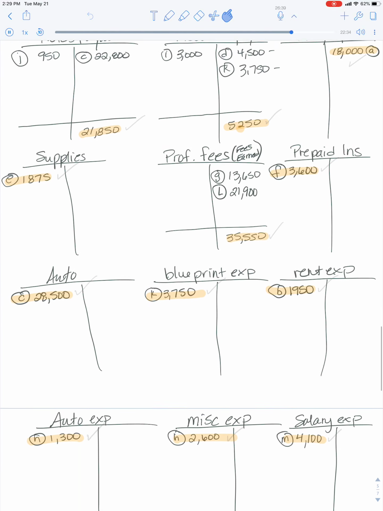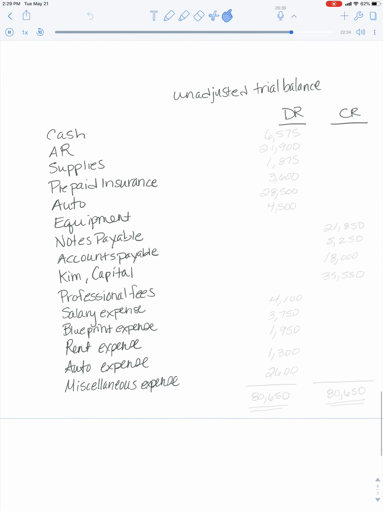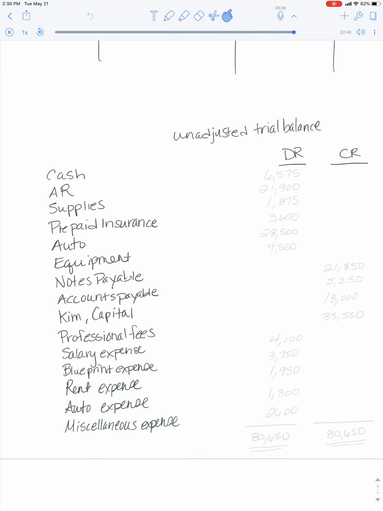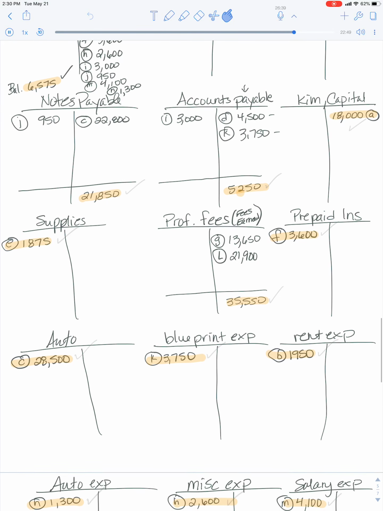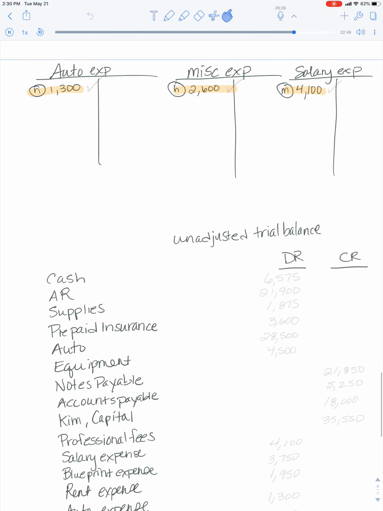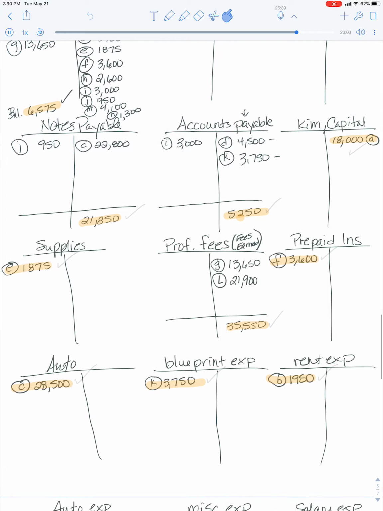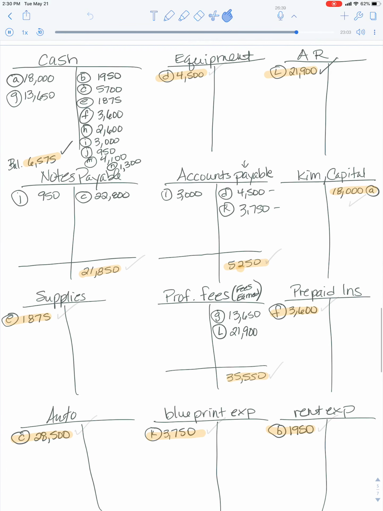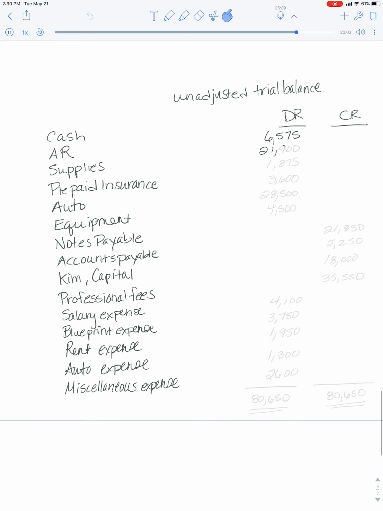Okay, so everything now has a balance, all our T accounts. So now we're going to take all our balances, keeping them on if they're on the left or the right, and put them in a trial balance. So let's start with cash. Cash is cash and accounts receivable. So cash is $6,575. Accounts receivable, debit balance $21,900. So make sure, because it's a debit balance, we're going to put it on the debit side.